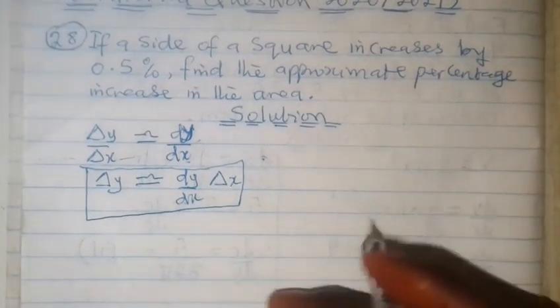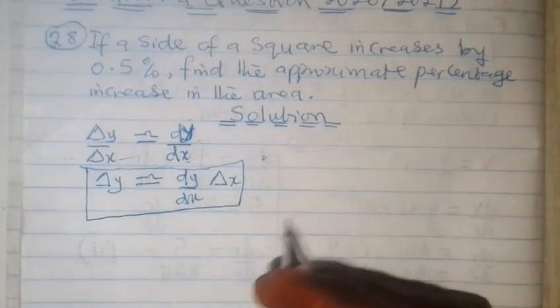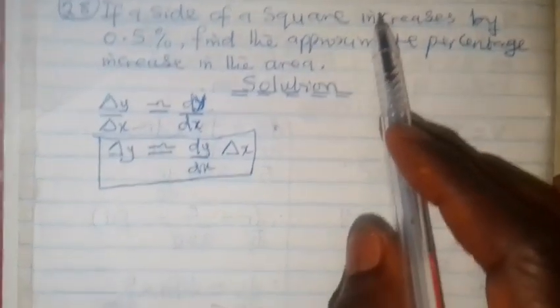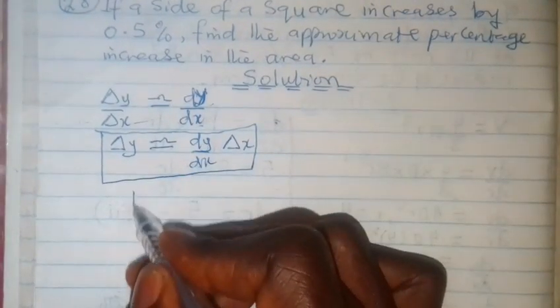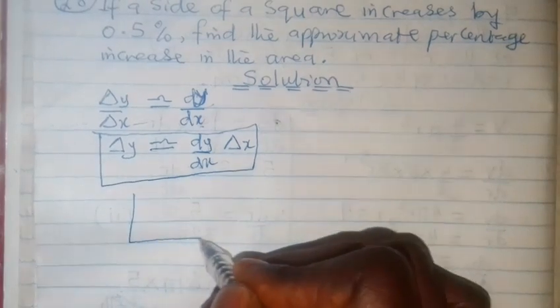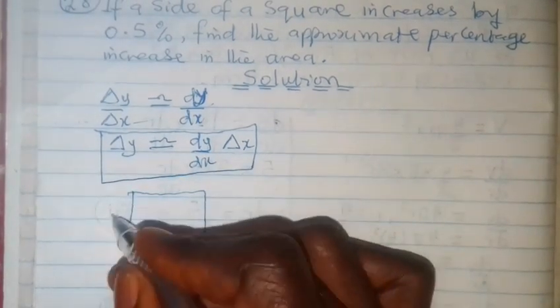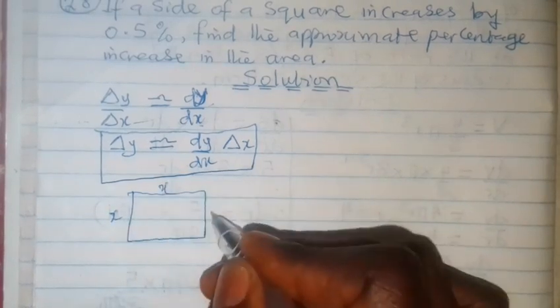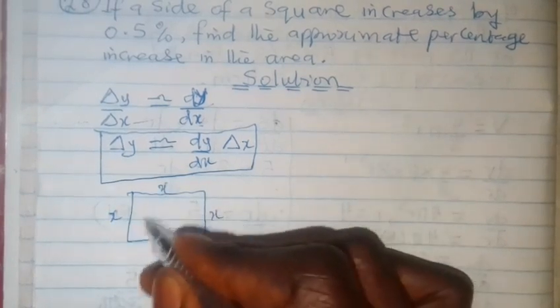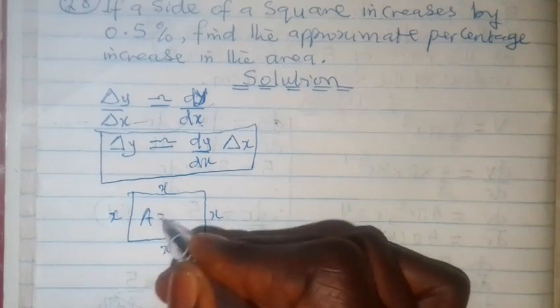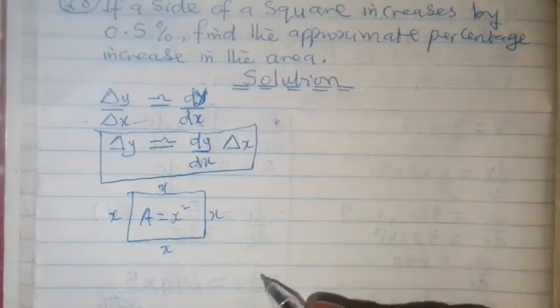Now, how do we go about solving the problem at hand? First, you need to know that we are dealing with a square, and I'll quickly draw a rough sketch of the square here to give us a visual view of what I'm talking about. We know that all the sides of a square are equal, and the space bounded by the straight lines, that is this part here, is the area, which has a formula of x squared.